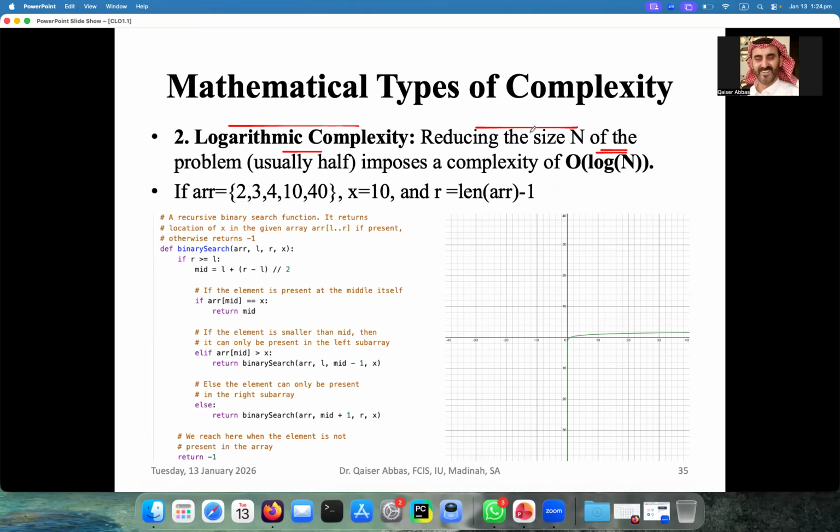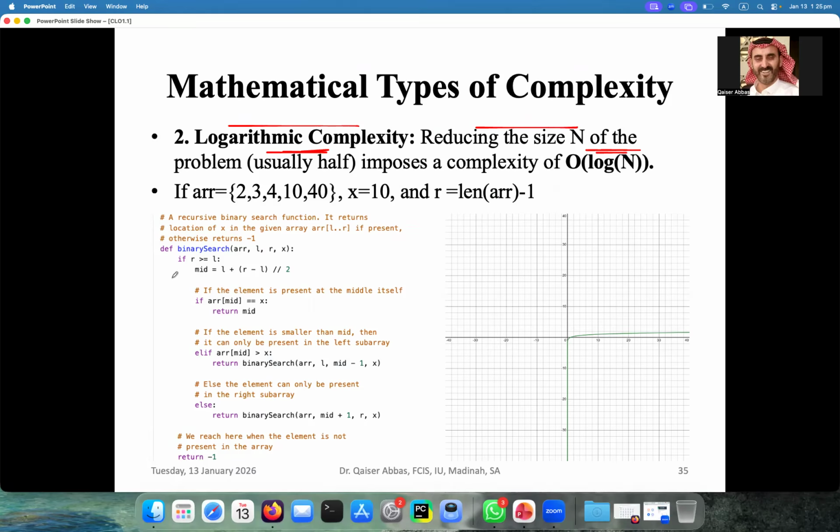What is logarithmic complexity? When you are reducing the size of your problem into half, then the complexity of that algorithm is called logarithmic complexity.